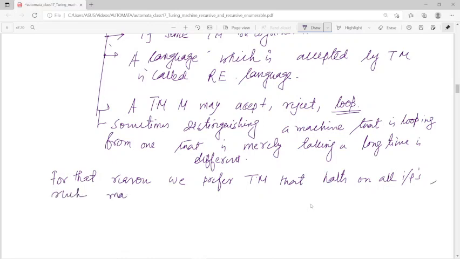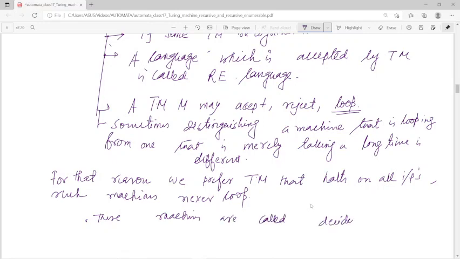Such machines never loop, and these machines are called deciders.